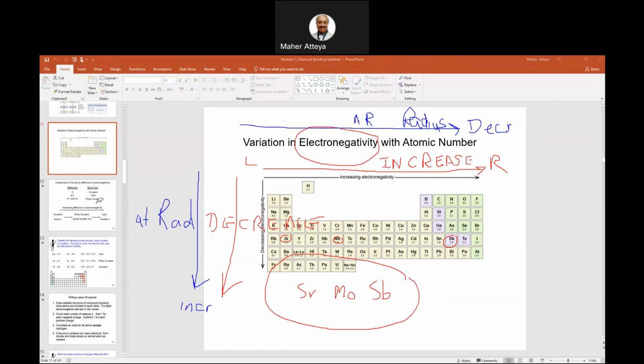So strontium is less than molybdenum, molybdenum less than antimony. So antimony is the highest, the electronegativity goes this way here. Right, guys? Can you imagine what electronegativity is?